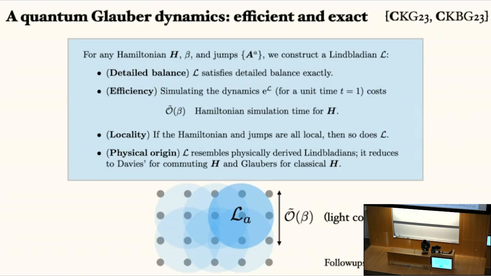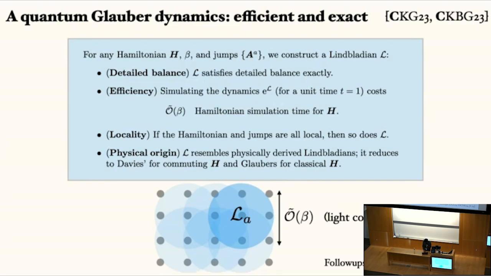Without showing you what it actually is, it has this nice property. We construct a Lindbladian with the following properties that arguably matches the global dynamics. It's detailed balanced exactly, but at the same time efficiently simulable, and the Hamiltonian simulation time is only beta.